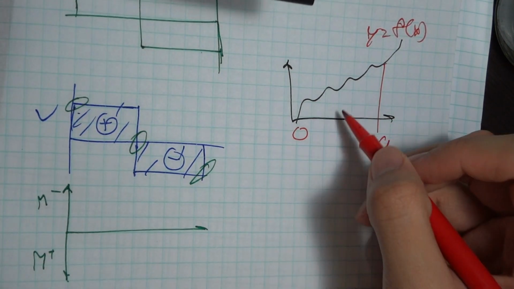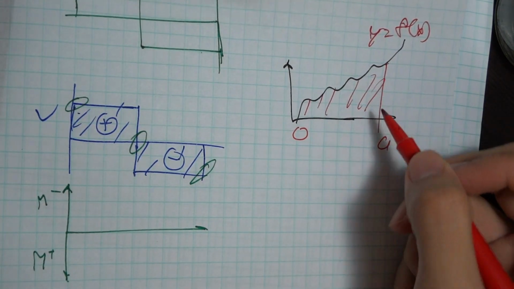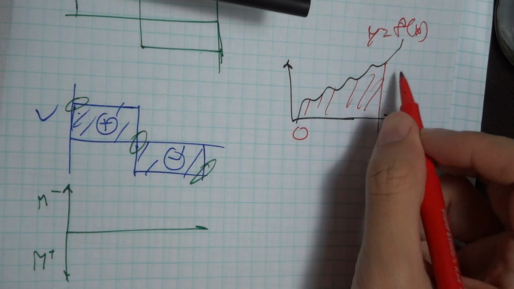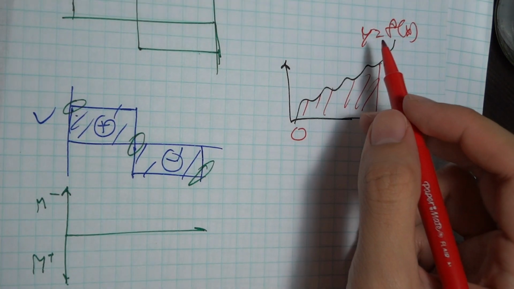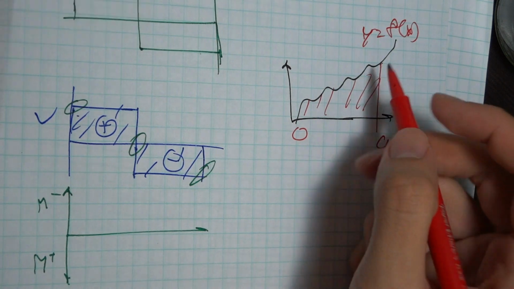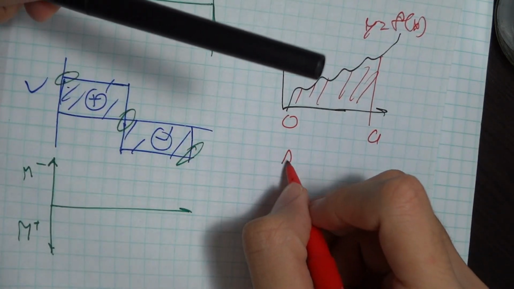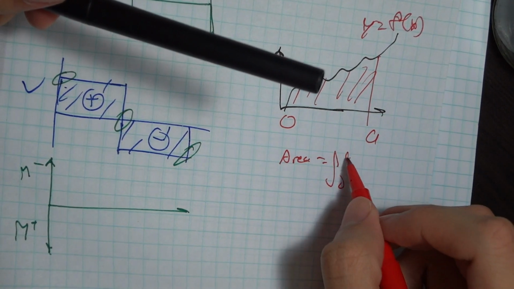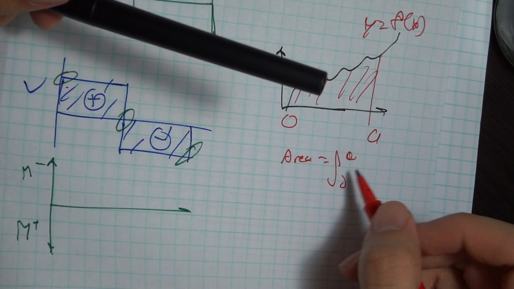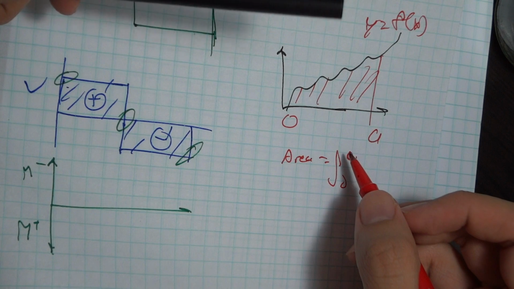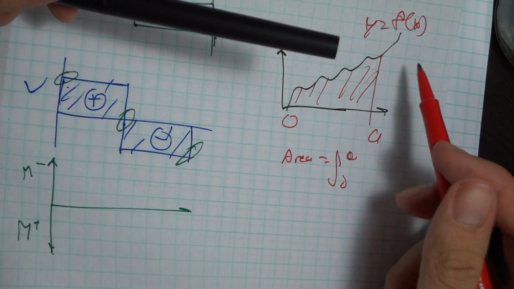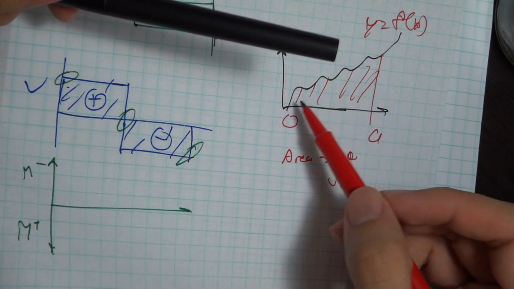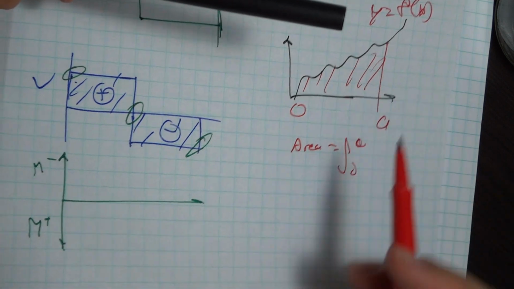If I want to find the total area of this, I just integrate the equation, right? It doesn't matter how complicated the equation is. A more complicated equation will be hard to integrate, but I just integrate. The integration is just the area. It doesn't matter how complicated the integral is. If I can get the area of this somehow, then I'm okay.